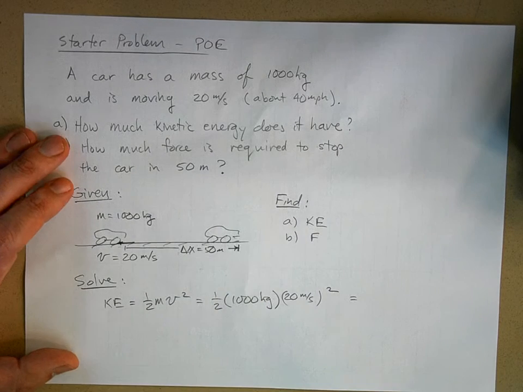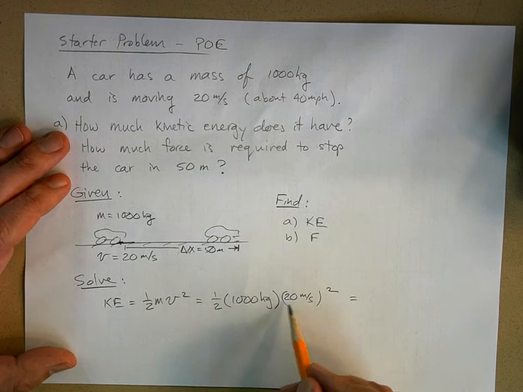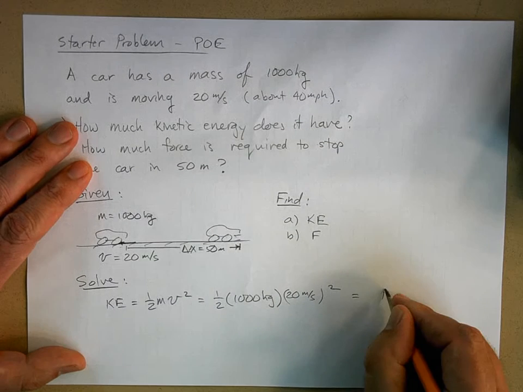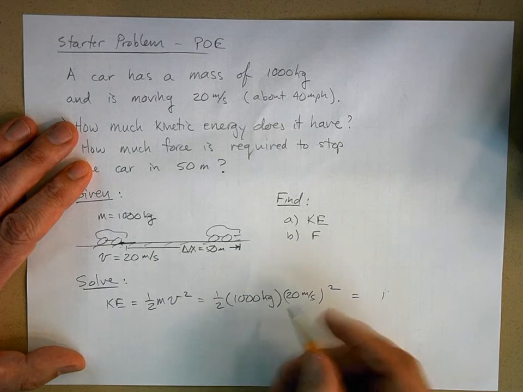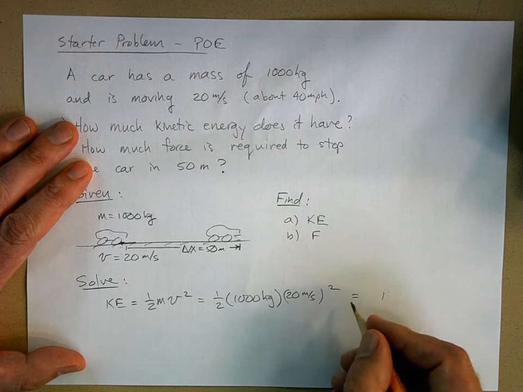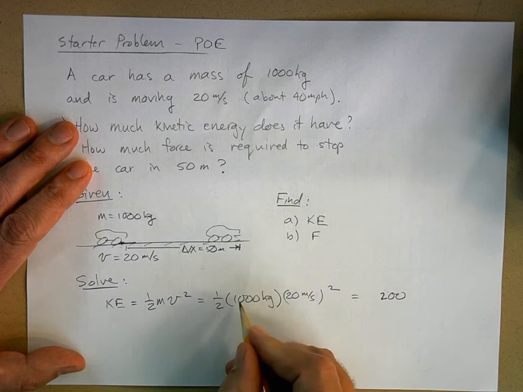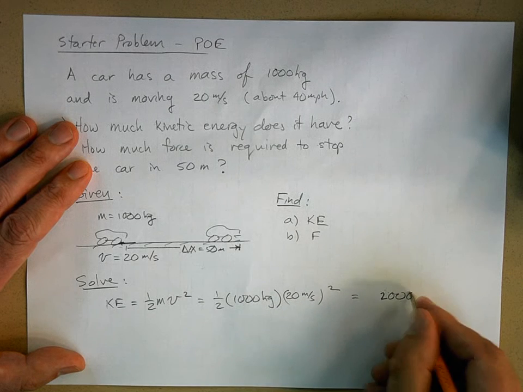And I try to do this so you really don't need a calculator. Well, 20 times 20 is 400, and 400 divided by 2 is 200. 200 with 1, 2, 3 more zeros.